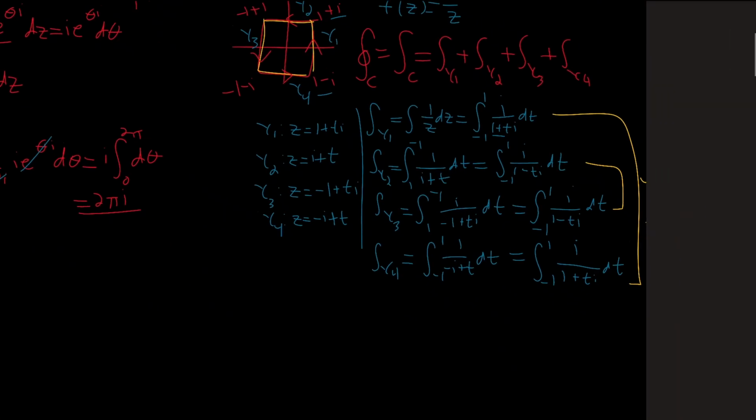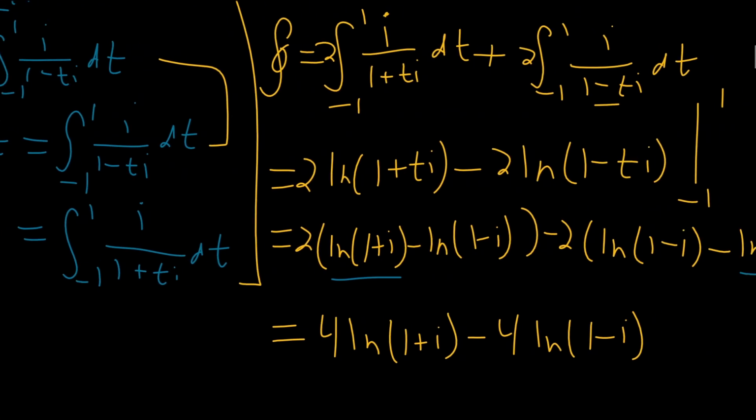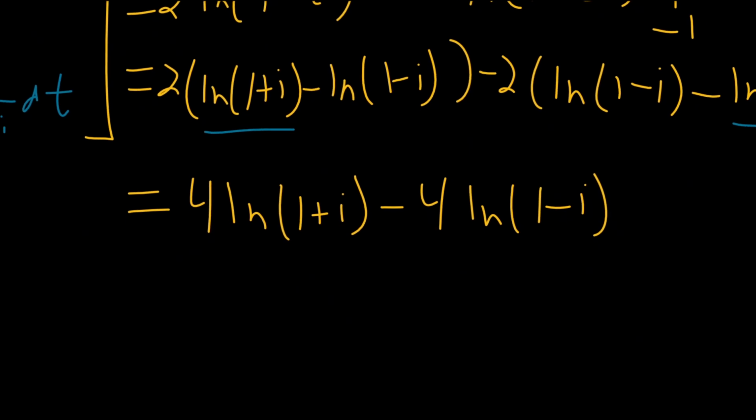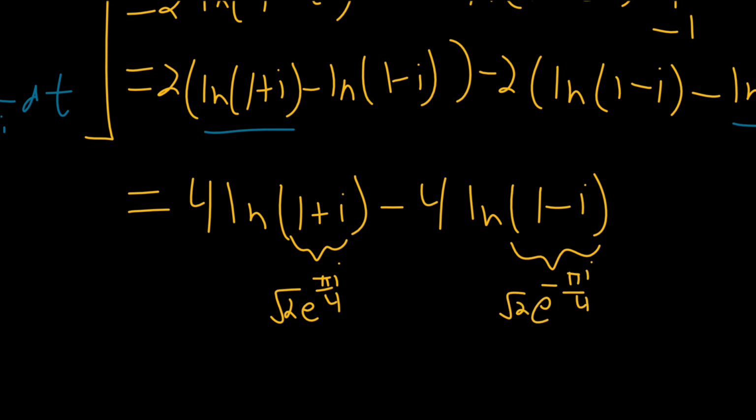So, going back down, we can express this 1 plus I as the square root of 2 times e to the pi I over 4. And similarly, I will leave this as an exercise to the reader. This is going to be the square root of 2 e to the minus pi I over 4. We're just going to be using the principal values right here.